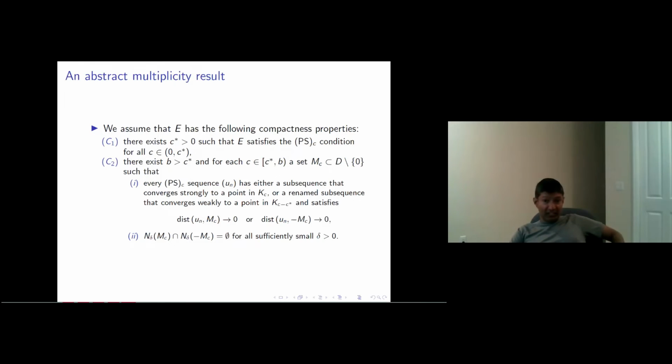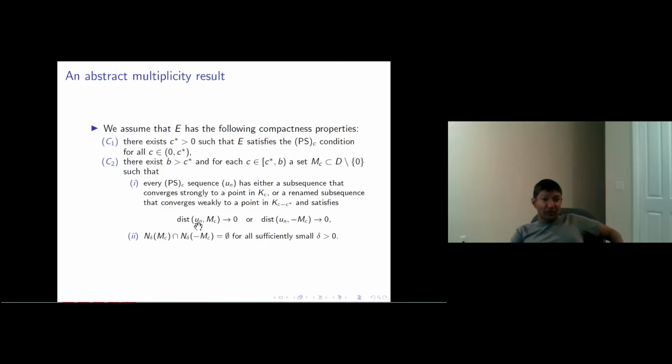M_c that does not contain the origin, satisfying the following two conditions. The first condition says that if you take any PS sequence u_n, either it has a subsequence that converges strongly to a critical point in K_c, or it has a subsequence that converges weakly to a critical point in K_(c minus c star), and it satisfies one of the following two conditions.